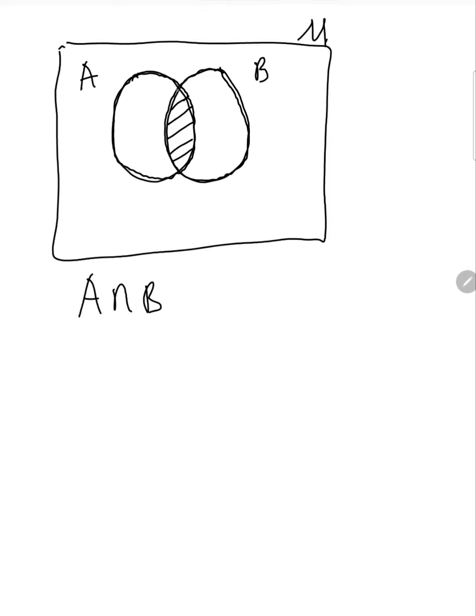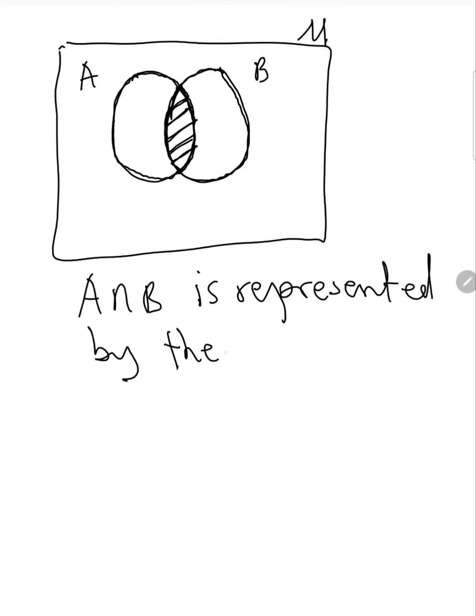B. Why? Because this shaded portion represents the intersection of both sets. So the intersection of set A and B is what is represented by the shaded portion.